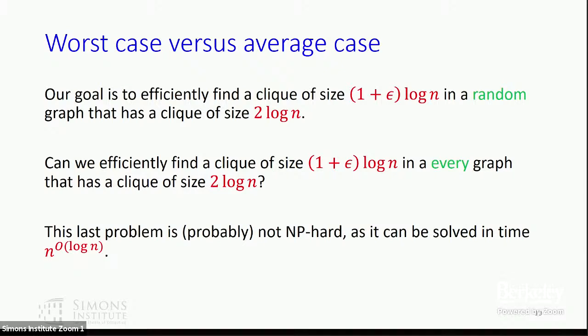Possibly we can do it. And we know that this problem is probably not NP hard, because even by exhaustive search, you can solve it in time n to the order log n. And for NP hard problems, we don't expect there to be algorithms of this running time. So the problem is probably not NP hard. So can we solve it in polynomial time?